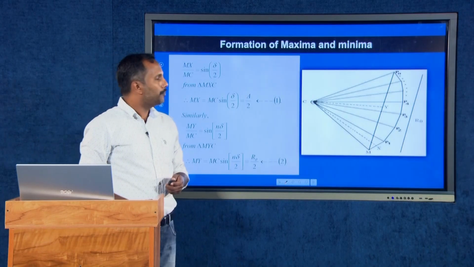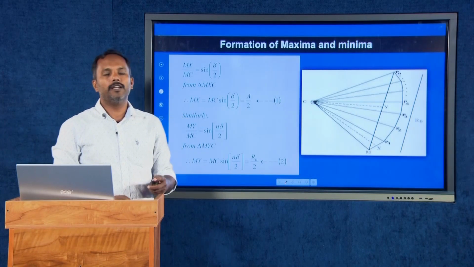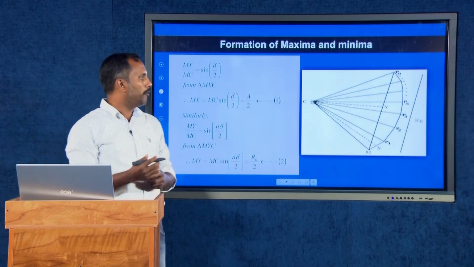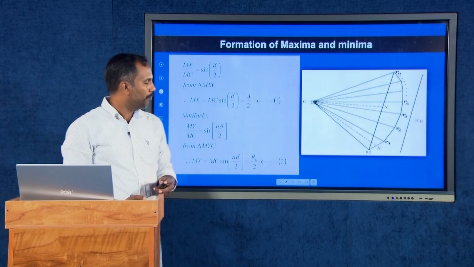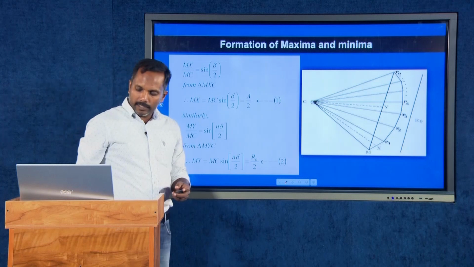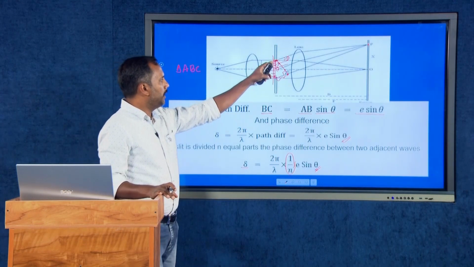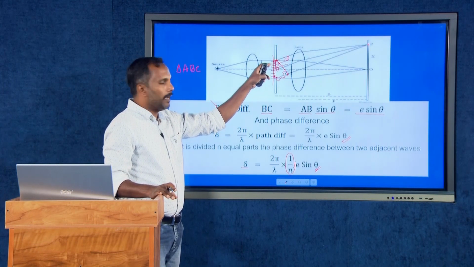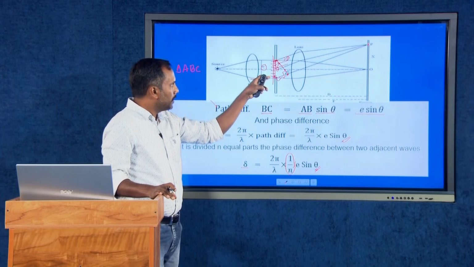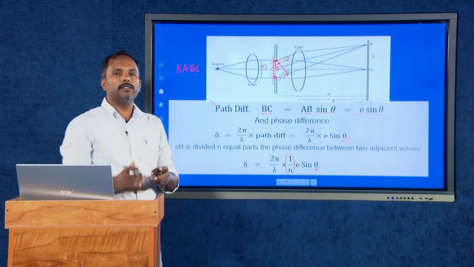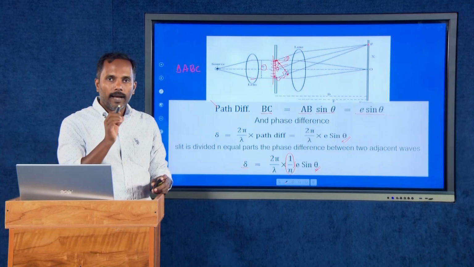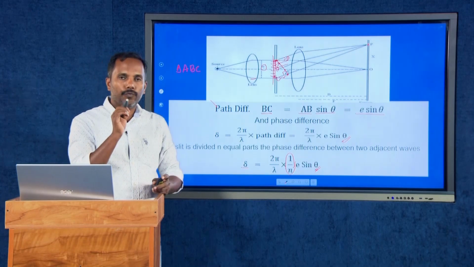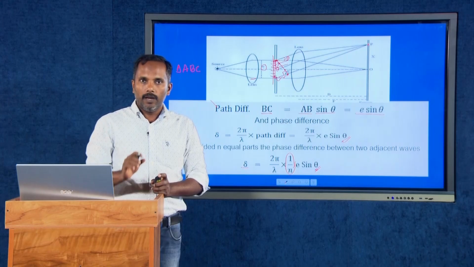Now, how can the formation of maxima and minima be explained through a vector method? We consider that the slit is divided into n number of parts. Each part is sending a secondary wavefront, and each secondary wavefront has a certain amplitude.